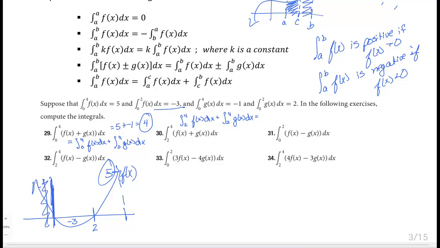So then we can figure out what 2 to 4 for f would be. If this whole thing has to be 5, and this piece is negative 3, then that missing piece has to be 8.